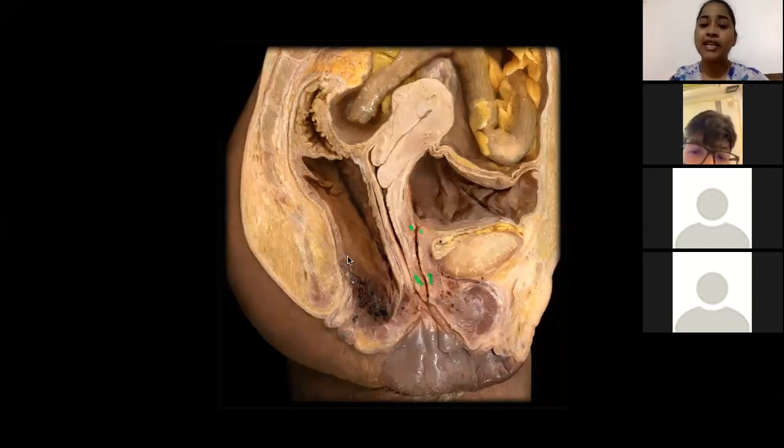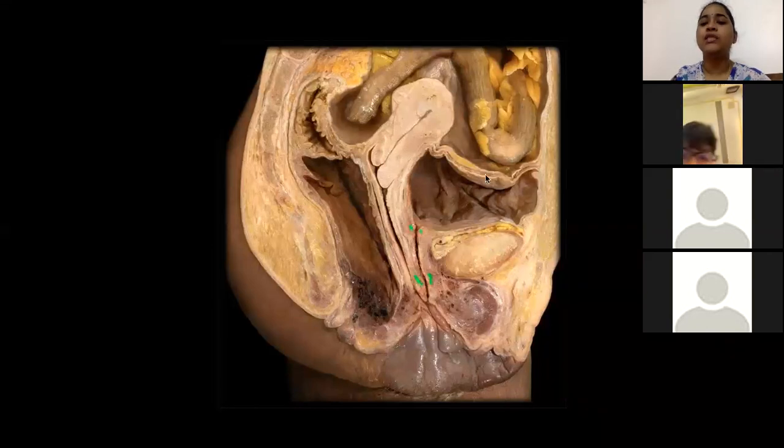Because when we take a section, remember that the posterior aspect is removed, the anterior aspect is removed, the bottom is removed, the top is removed. So you cannot tell which is anterior or posterior based on external genitalia or what is seen from outside. What you can see is only the pubic symphysis.